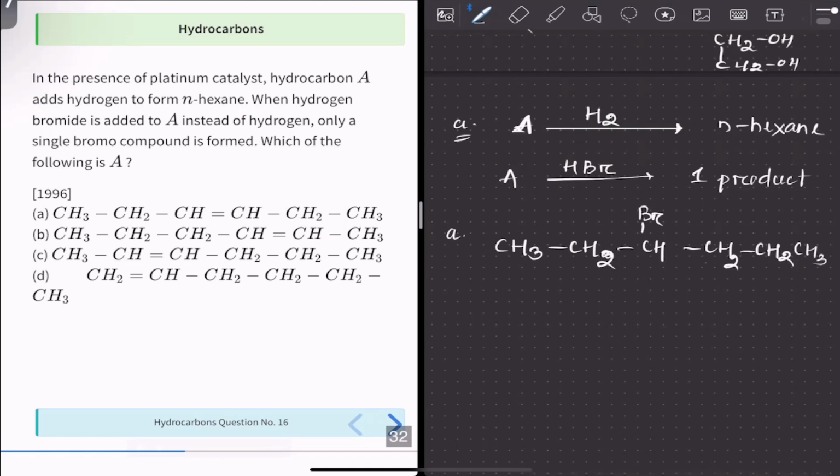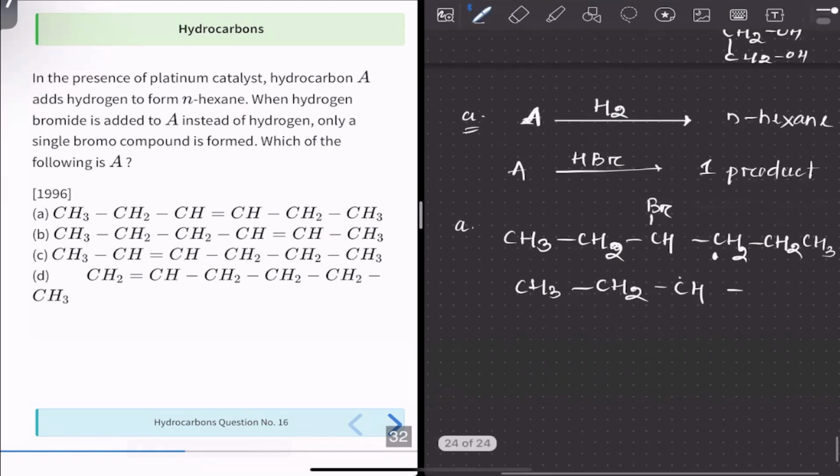It can be in this position also: CH3CH2CH2CHBrCH2CH3.